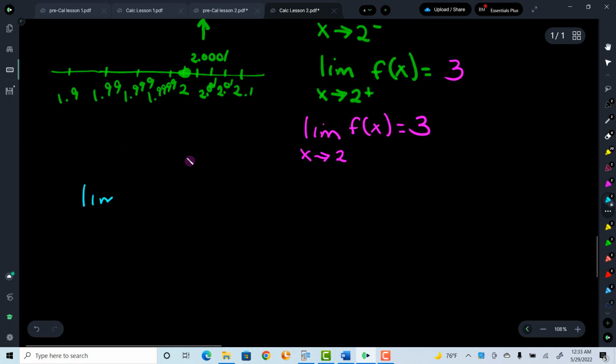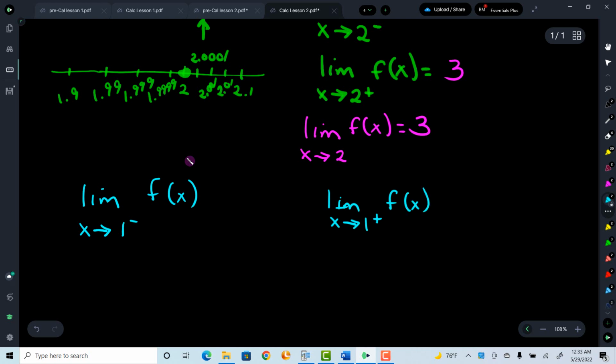Let's find the limit as x approaches 1 from the left, and then we're going to find the limit as x approaches 1 from the right, and then we're going to find the limit as x approaches 1.